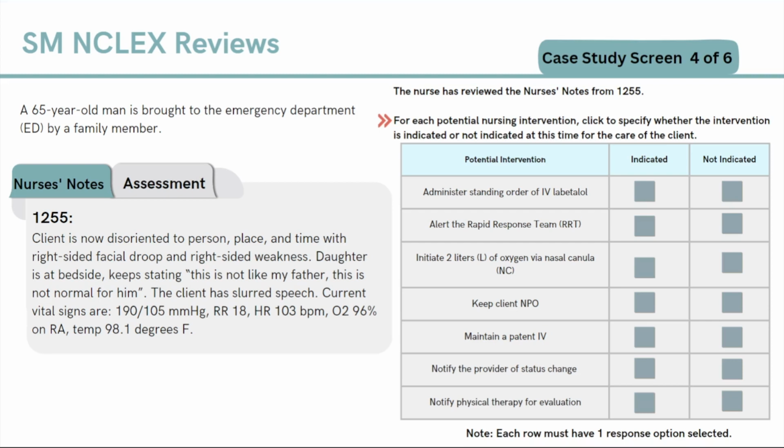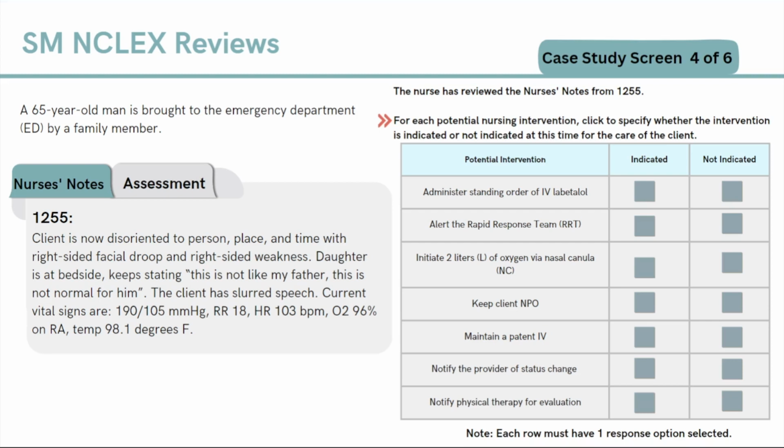Now, the nurse has reviewed the nurse's note entry from 12:55 and is now planning care for the client. So now we have a matrix multiple response question. For each potential nursing intervention, click to specify whether the intervention is indicated or not indicated at this time for the care of the client.